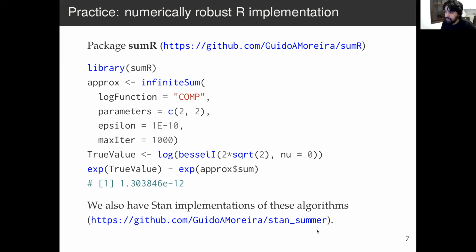We also implemented the techniques that we have just talked about in Stan. So this lives in a different GitHub repository, and we hope that's going to be useful for other people trying to do their own marginalizations in Stan, when those marginalizations obviously can't be done in closed form.